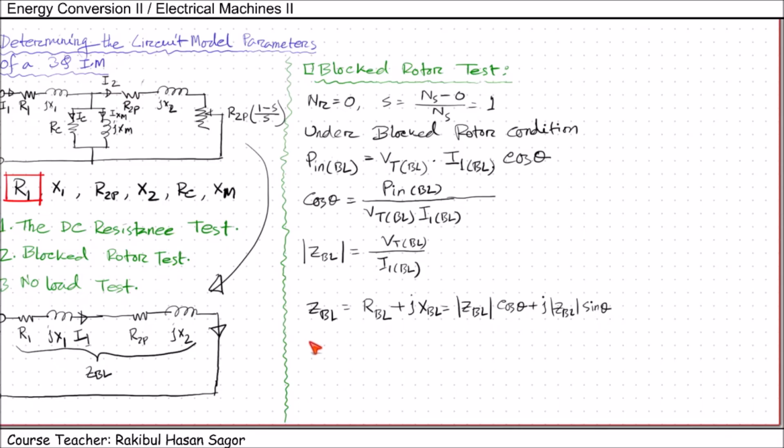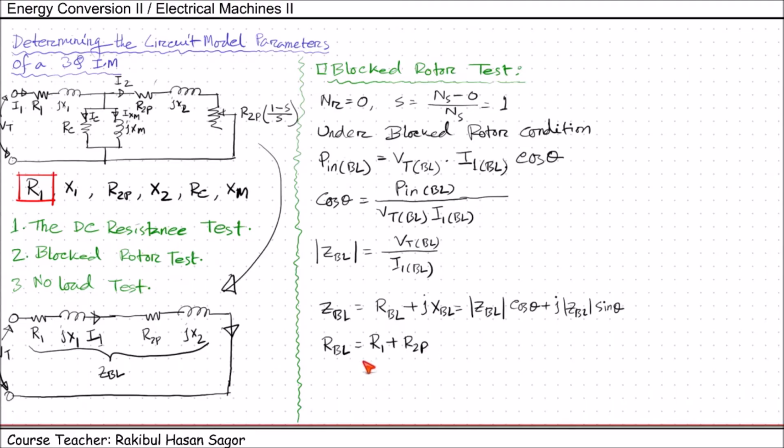Here the total resistance under blocked rotor condition, R_BL, what is R_BL? The total resistance R1 plus R2'. Now this real part is equal to R_BL.